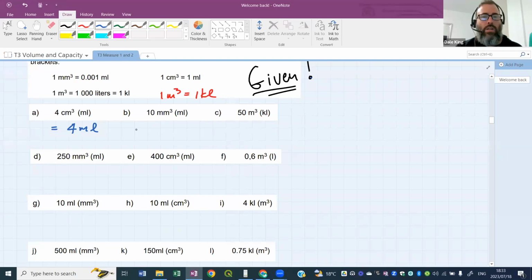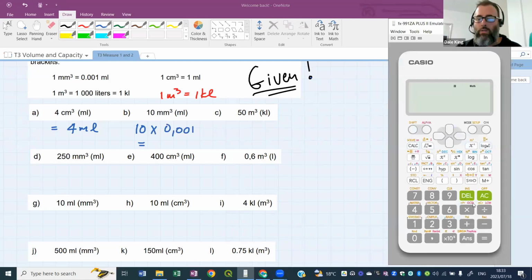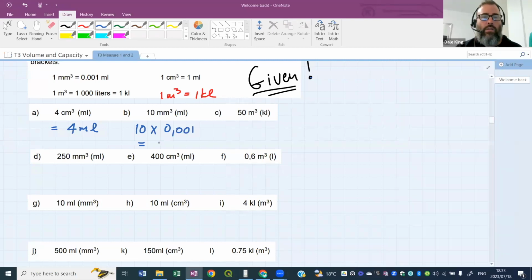So I'm going to say 10 times 0.001. You can let the calculator do the work for you if you want. All right, there we go. Calculator says 0.01. So 0.01 milliliters. Okay, so that wasn't a straight one-to-one conversion. We had to multiply there.